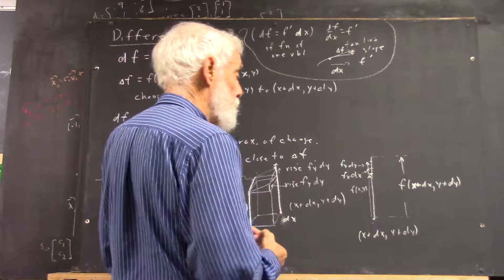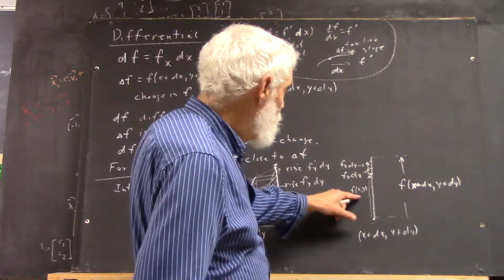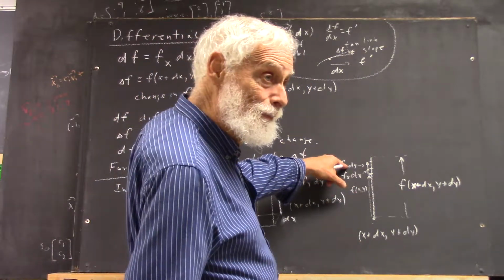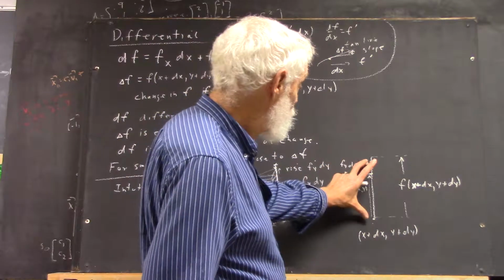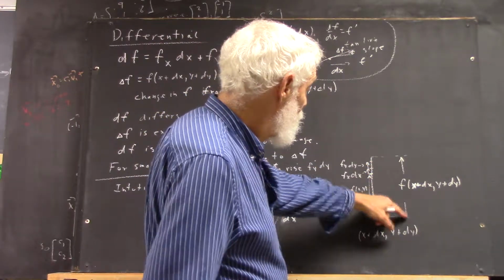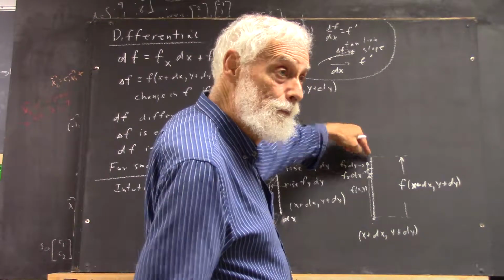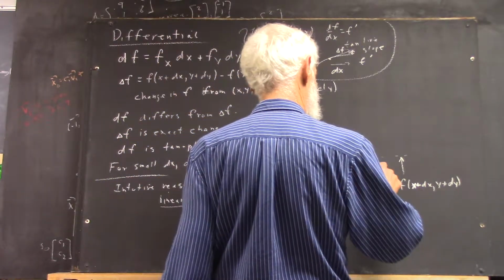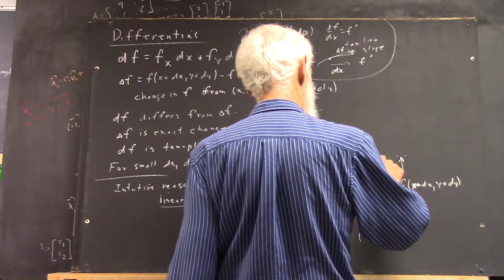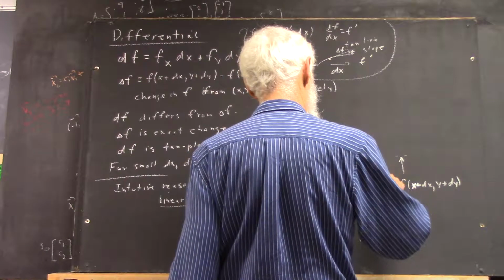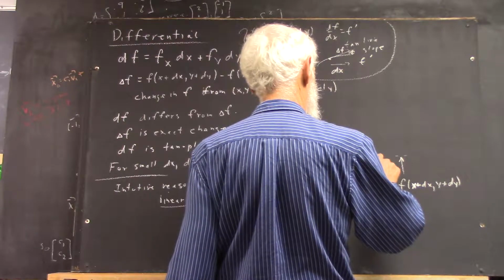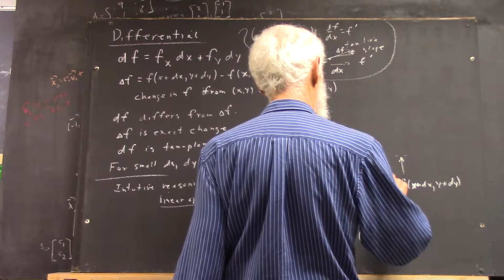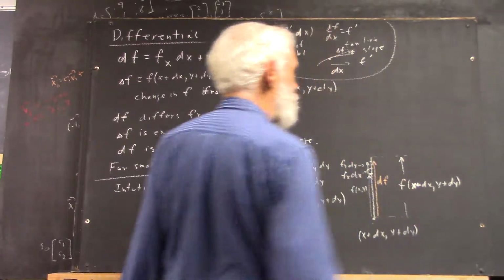Then you have the discrepancy between this, which is here, and this, which is up here, right? So I can draw this. This is your df.